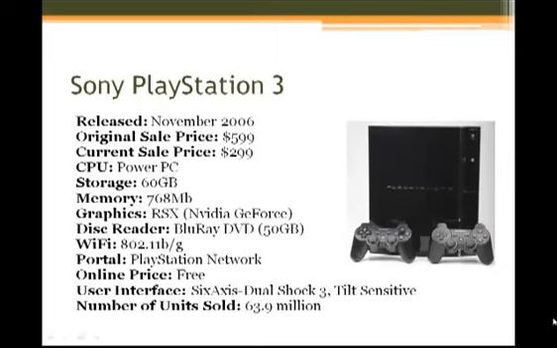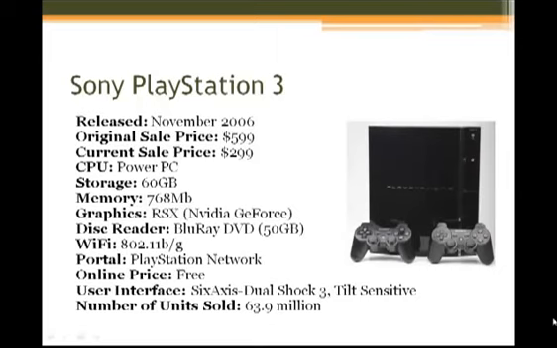There are different SKUs, so it is very important to note with the Sony PlayStation 3 as well as the Microsoft Xbox 360 that there are different model versions of those consoles. So what I'm looking at specifically is one of the standard consoles at the release date. The CPU for the PlayStation 3 was a unique Cell processor.